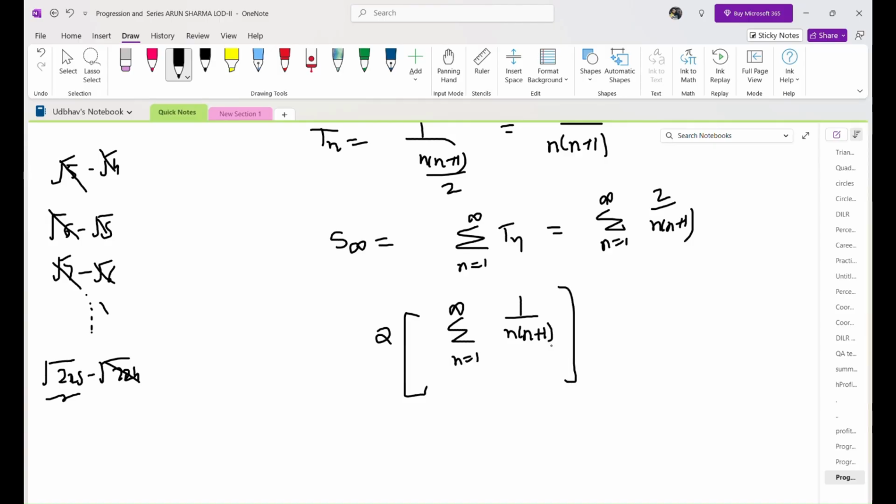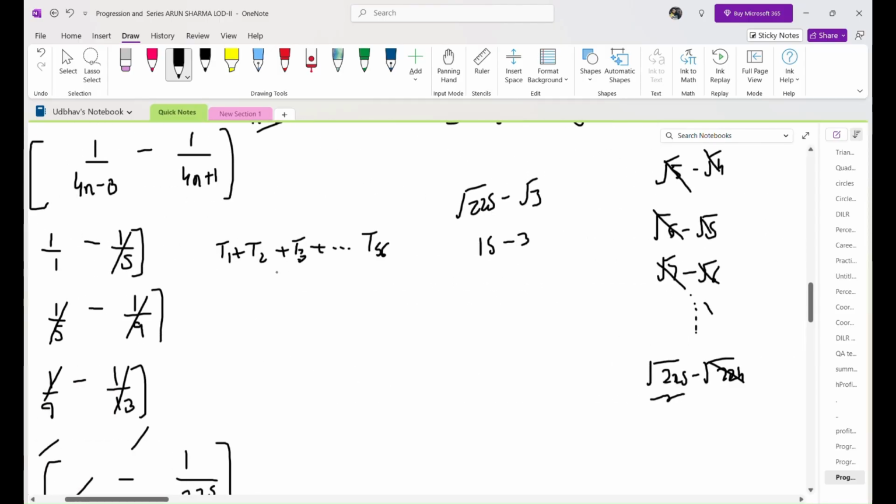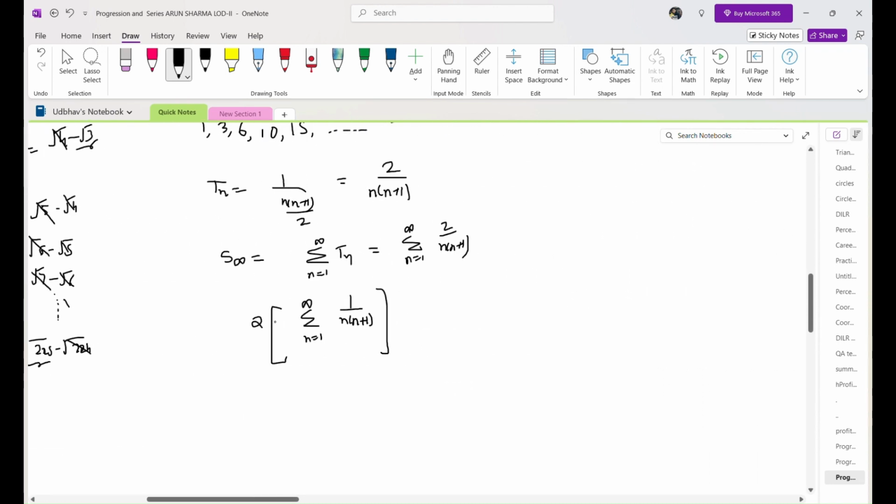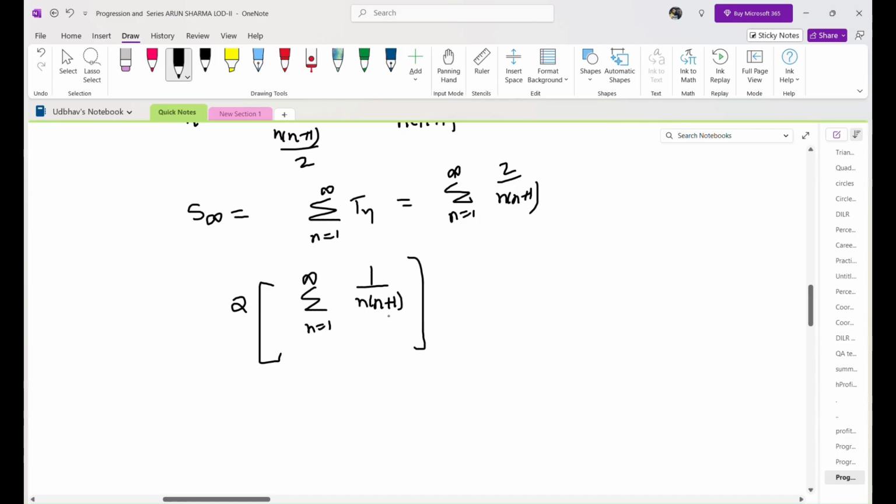And this is just like the example I told you before in this question, when I was telling about the telescopic series for the first time. How can you separate 1 upon n(n+1)?